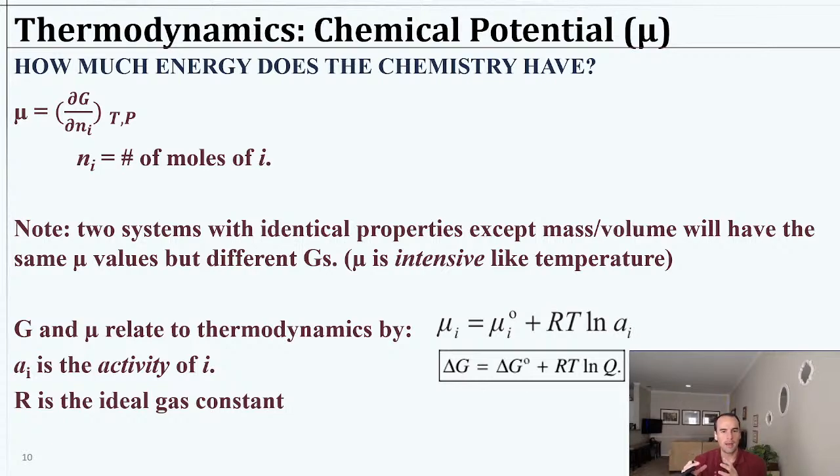It doesn't actually matter how heavy that ball is directly. You've still done the same height change. In the chemistry world, mu is kind of like that, or kind of like temperature might be a better example. You could have one tiny, tiny drop of water that is extremely, extremely hot, or you could have an entire pot of boiling water that's extremely hot.